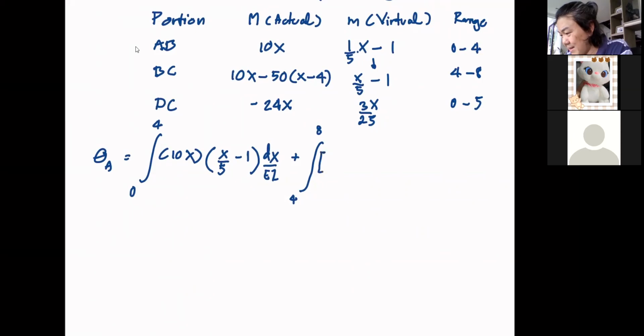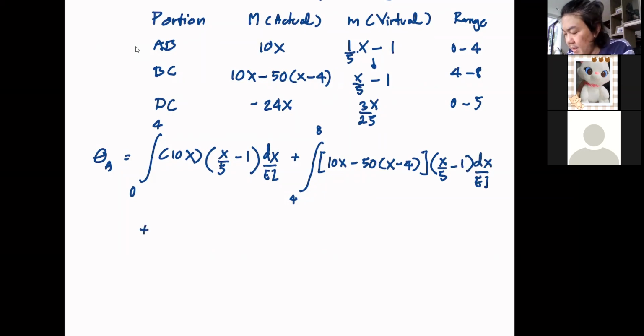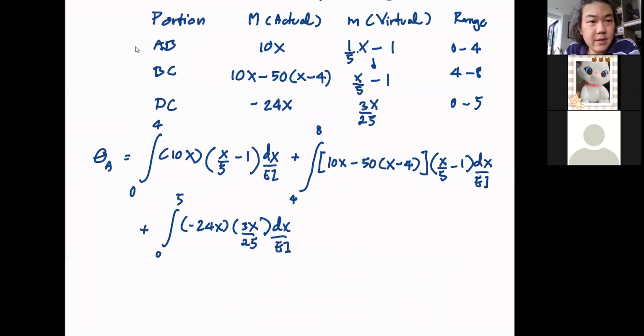This time I'm going to use the bracket: 10x minus 50 times (x minus 4). Let me complete this first. And then multiplied by (x/5 minus 1) dx over EI. And then the last term, the integral from 0 to 5 of minus 24x multiplied by 3x/25 dx over EI. Okay.